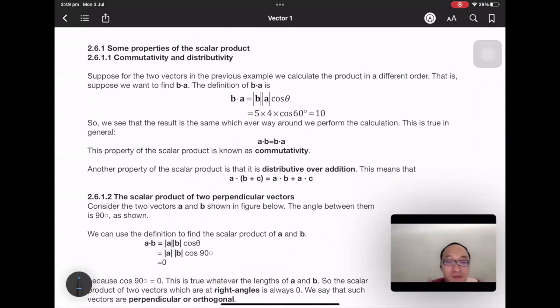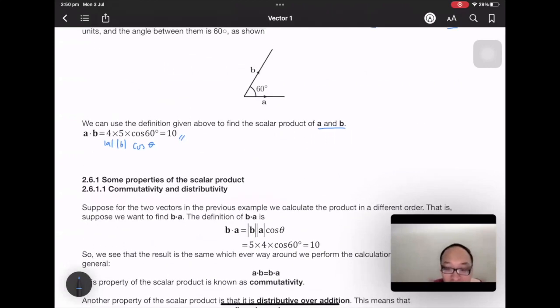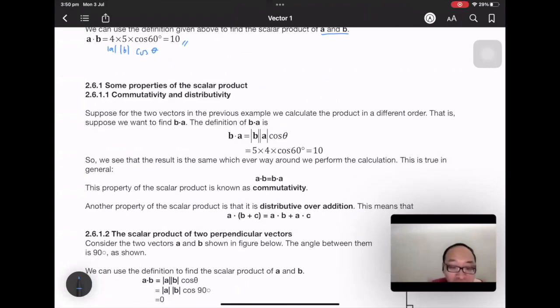Some properties of the scalar product. First is commutativity and distributivity. Scalar product can be calculated commutatively. So let us check it. Using the same example, find B dot A. B dot A is magnitude B times magnitude A cos theta.